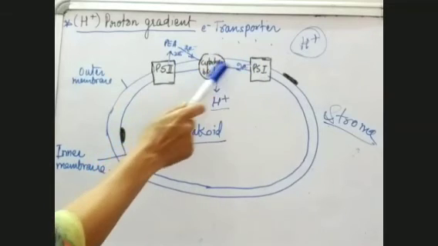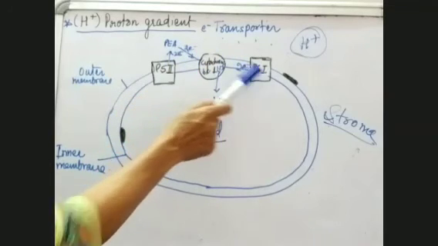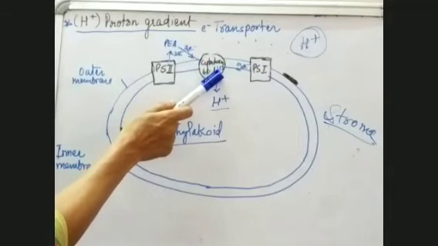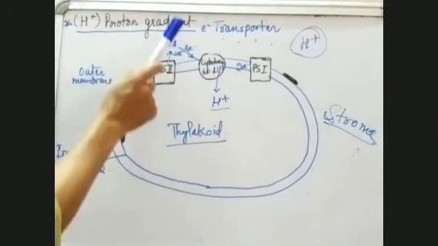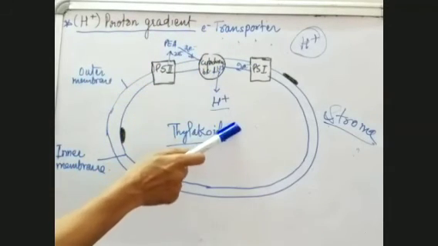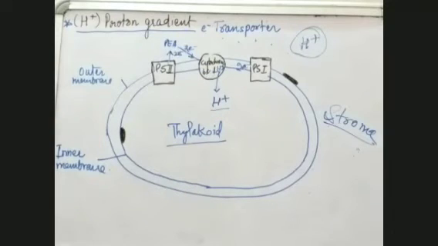After transporting the excited electron to PS1, that hydrogen acceptor which comes from the stroma doesn't go back to the stroma, rather it comes to the lumen of the thylakoid, thus increasing the protons in the lumen of the thylakoid. This is the first way for maintaining the proton gradient. That means increasing the number of protons inside the lumen.